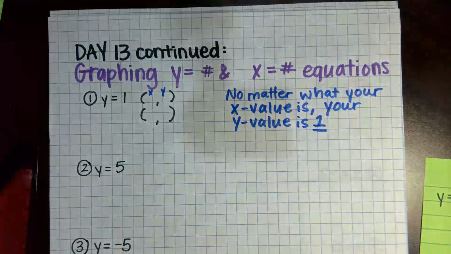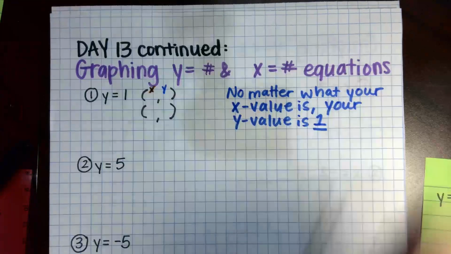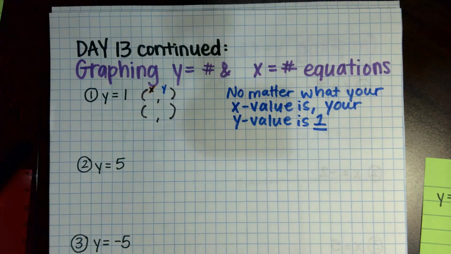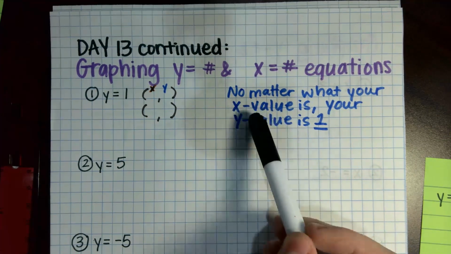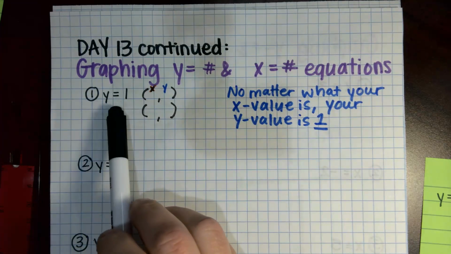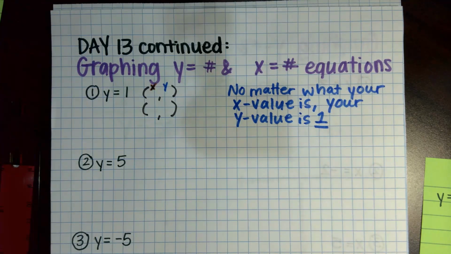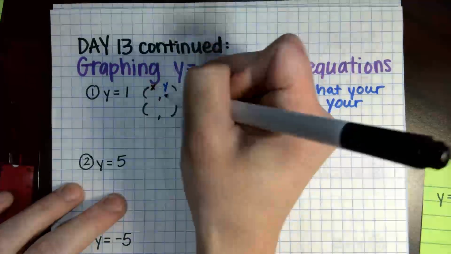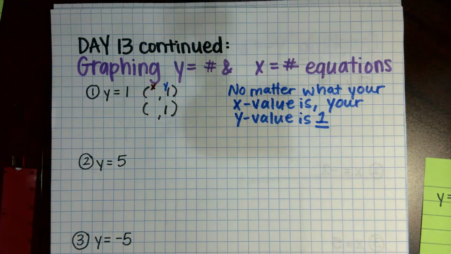Okay, so just like we said over here, no matter what you choose for your X, your Y is always going to be 1 because our equation tells us Y equals 1. So we're just going to put 1 for both Y's. We can pick any random value for X. Who has an X idea?